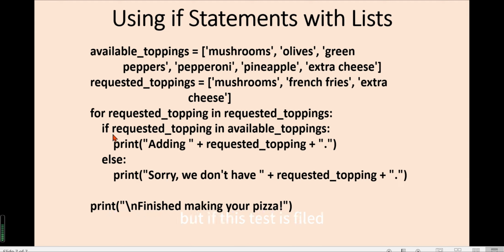But if this test fails, then we'll run this line: sorry, we don't have this requested topping. Then outside of the for loop, we'll print a new line, then finished making your pizza.